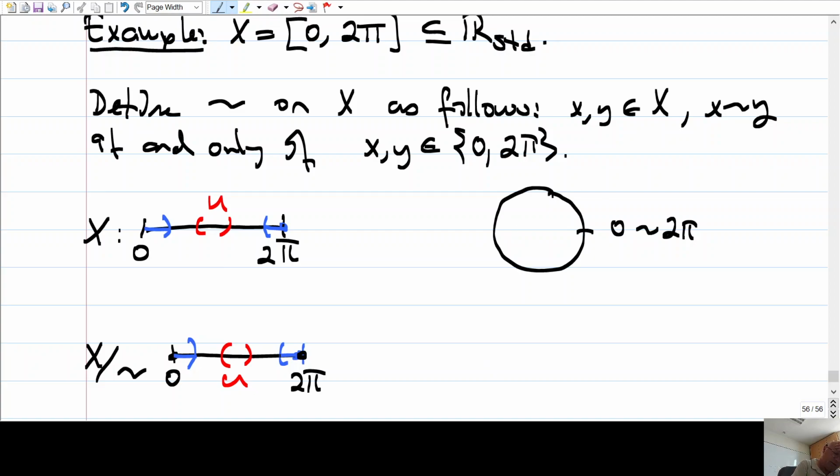Here they correspond to something like this: the blue one is like this, and the red one is like this.